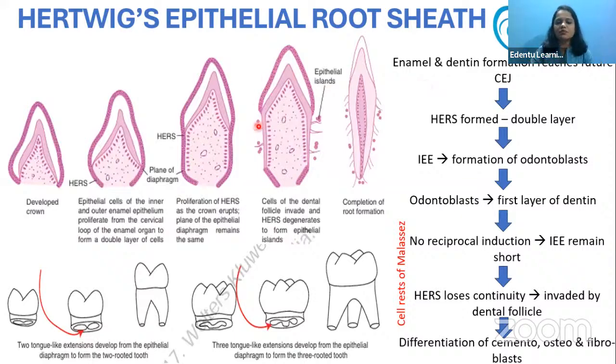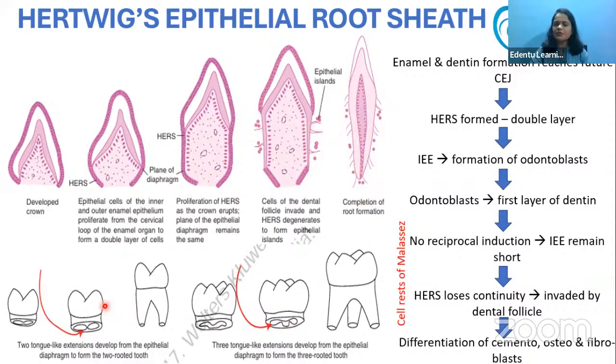Now, what is the importance of this plane of diaphragm? We will see that here. From this plane of diaphragm, this is what we see in a normal single rooted tooth. For a normal single rooted tooth, this is the general thing that is happening.